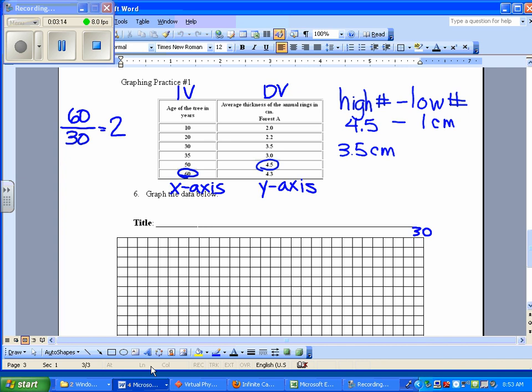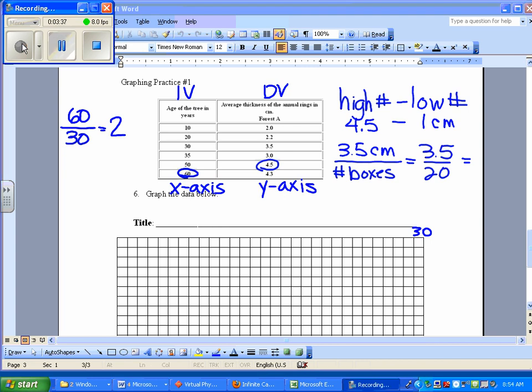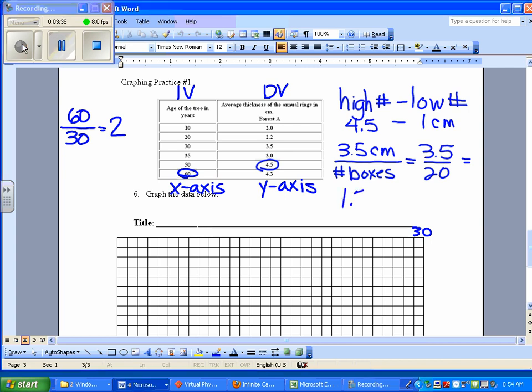If I count the number of boxes up the side, that number is going to be 20. So our number is going to be 1.75.